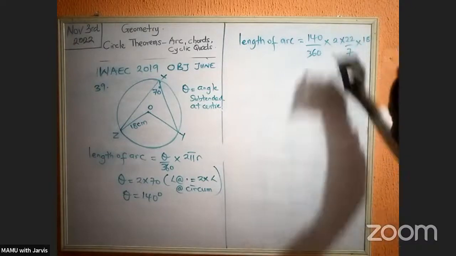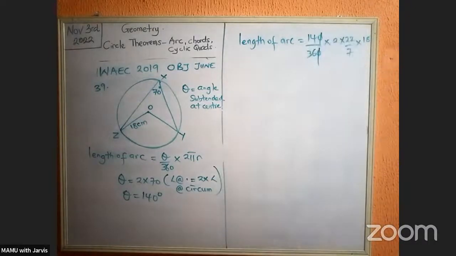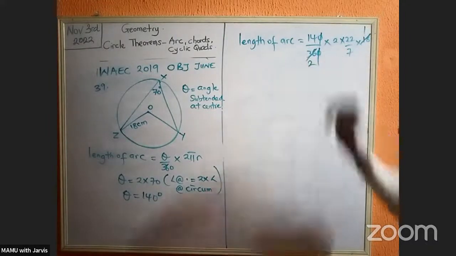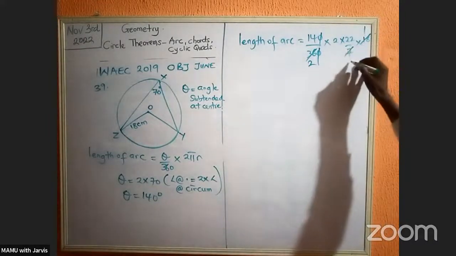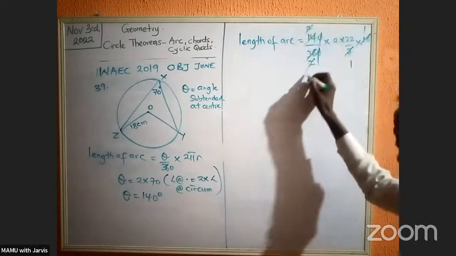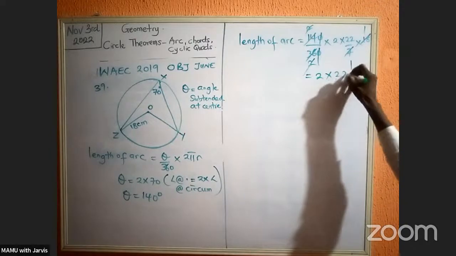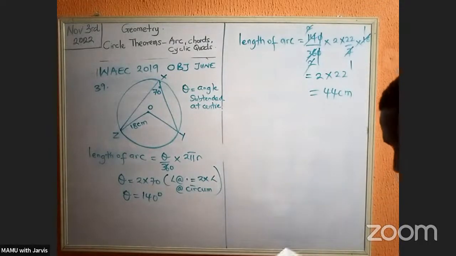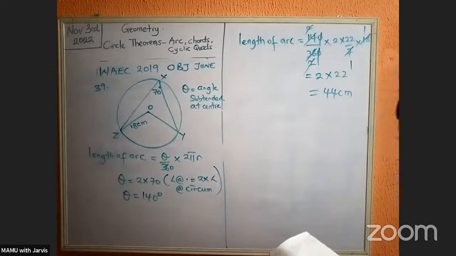At this point I can cancel. 18 goes here 1, 18 goes here 2. 2 will cancel 2, so I'm left with 2 times 22, and that will be 44 centimeters. So if you've done that correctly, 44 centimeters will be your final answer.